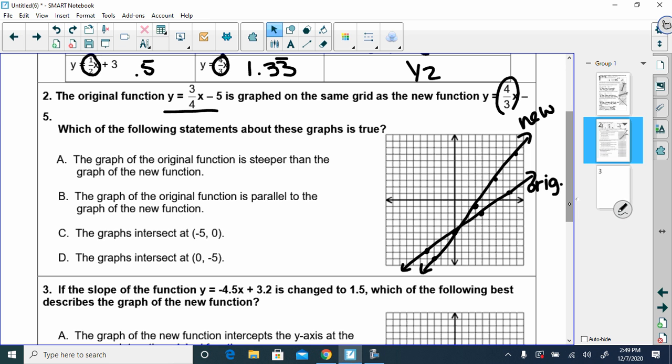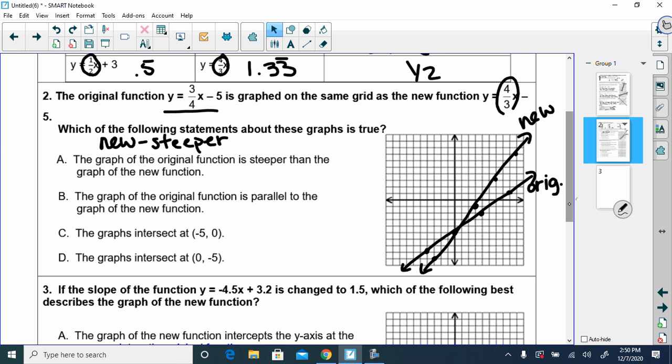Well, first of all, the new line, is it steeper or less steep than the original? Steeper. So new has to be steeper. And did the y-intercept change at all between the two? So that part should be the same.